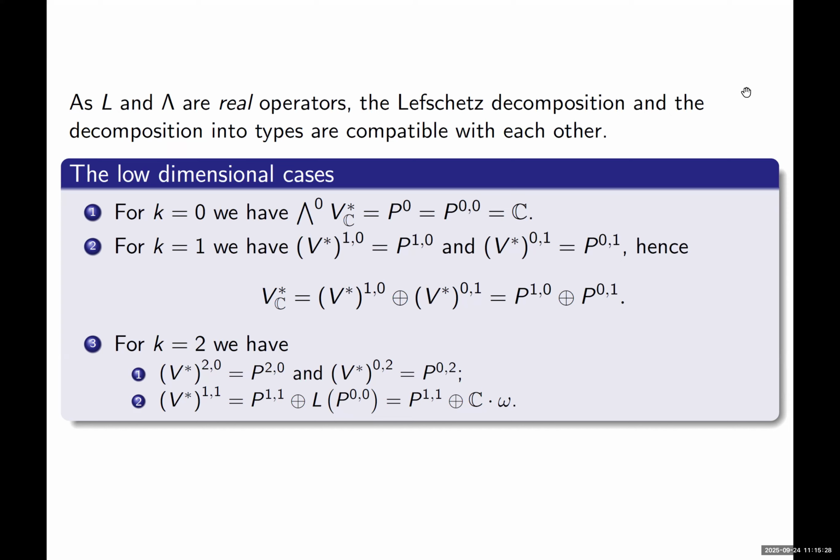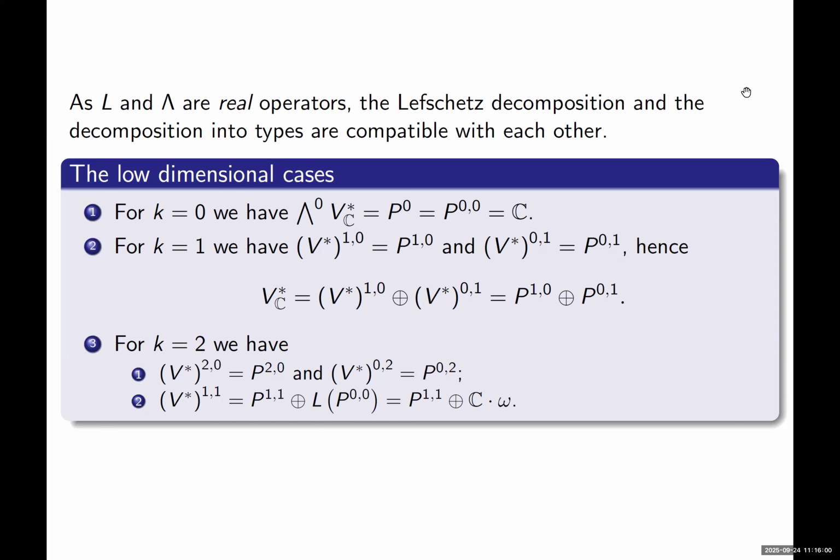And let's see what happens in the low-dimensional cases. So k equals 0, there is nothing to say, everything reduces to C. For k equal to 1, we know that our vector space V star C splits into the 1,0 and the 0,1 part, and these are all made by primitive forms, and so there is very little to say also in this case. What happens for k equal 2?